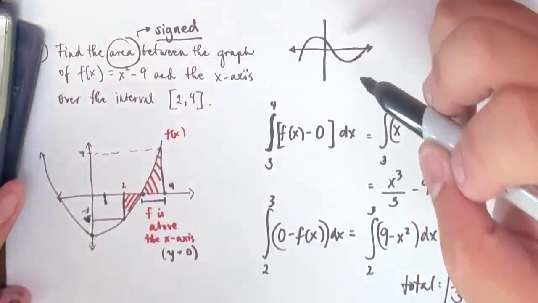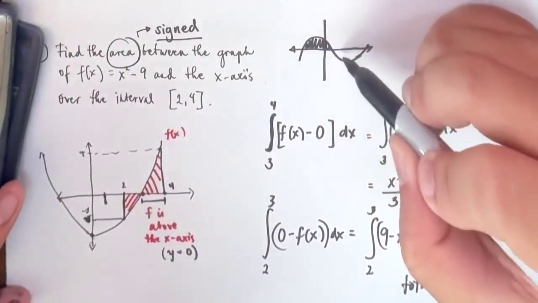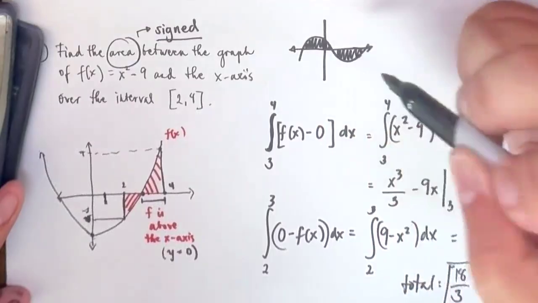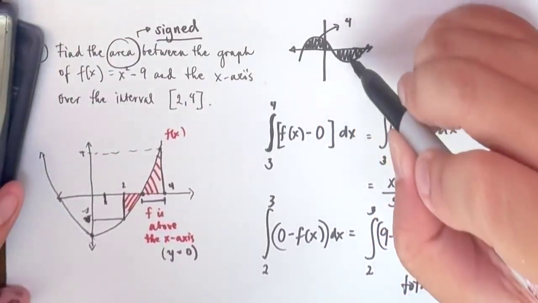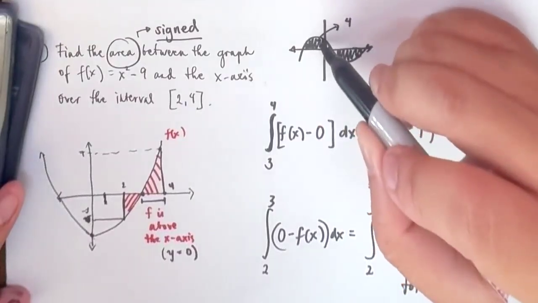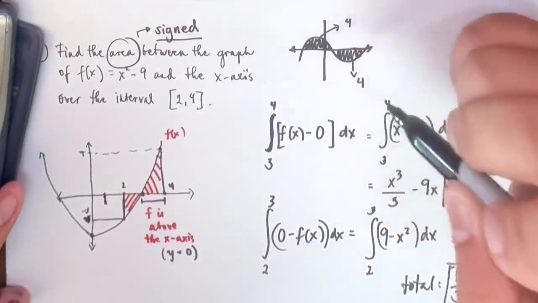And what you will be given is this area right here and this area right here. For example, this is 4. The area of this curve right here is 4, and this area is also 4.